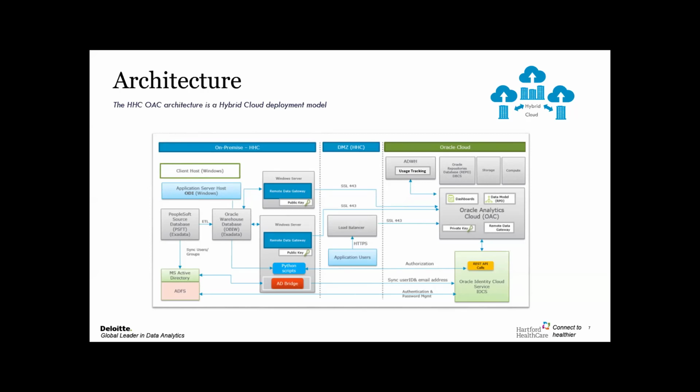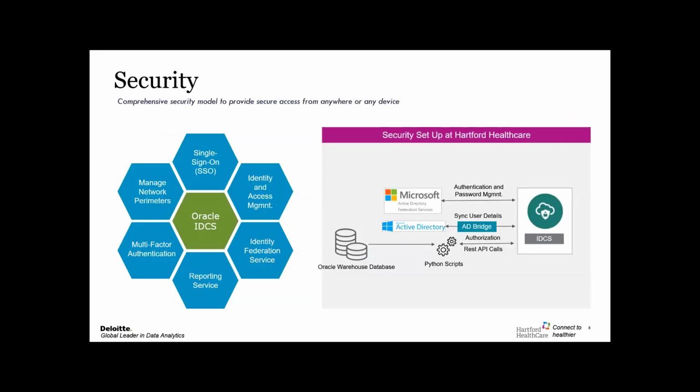The main component here, which is a security gateway, I can say, is IDCS, Oracle Identity Cloud Services. And I'll be mostly covering how we have leveraged IDCS to have our on-prem security model migrated to OAC. The diagram on the right gives you a small snippet of how it is done.